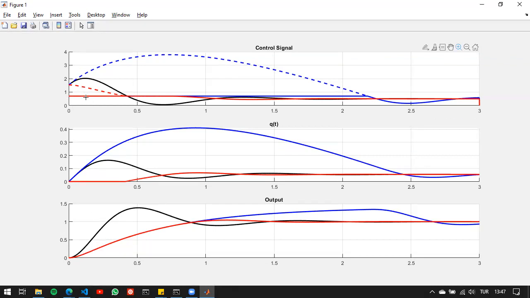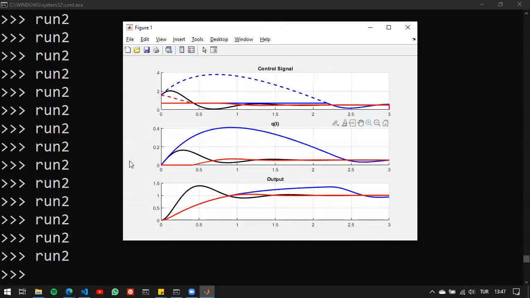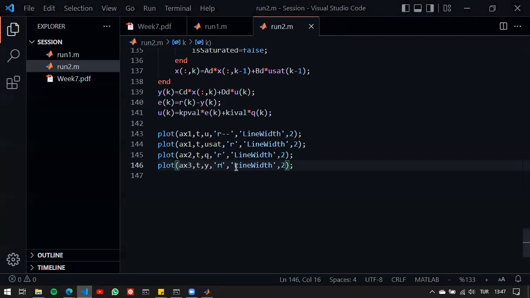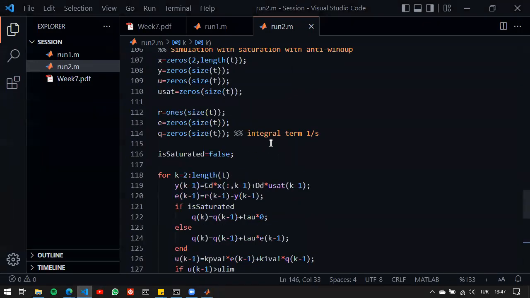Because it can only apply this, it cannot behave faster because the control signal limit is too low. You can see that it takes maybe 0.8 seconds to rise to a certain value, but we can meet the settling time requirement. Another strategy is to, let me copy it again.